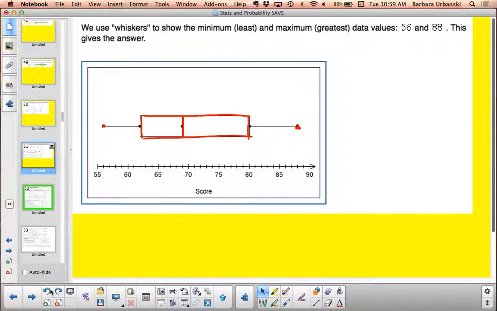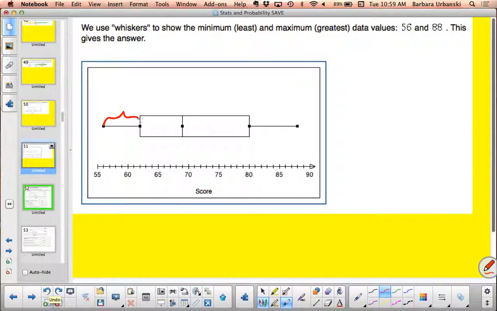But what's real important to understand at this point is that when you are looking at the data in your box and whisker plot, we know from the minimum to your first quartile, you have 1/4 or 25% of your information. From the first quartile to your median, again, 1/4 of your data or 25% of your information.